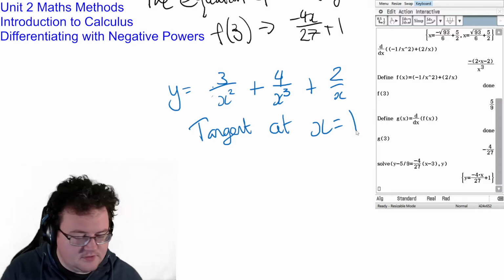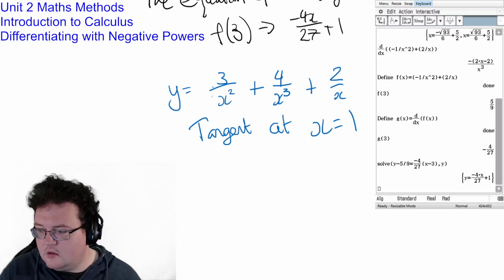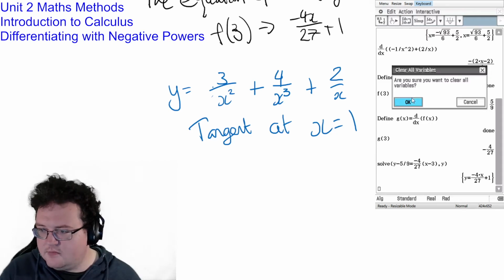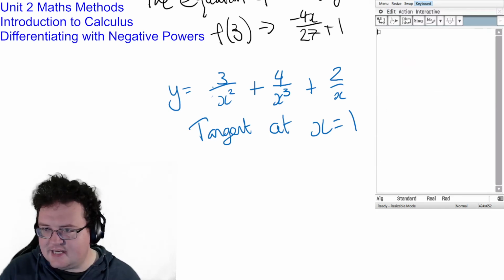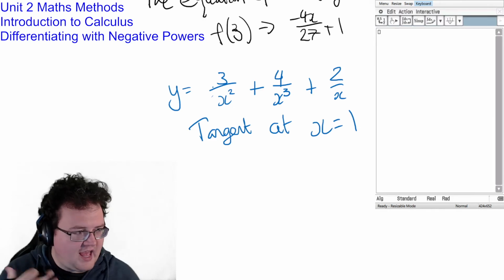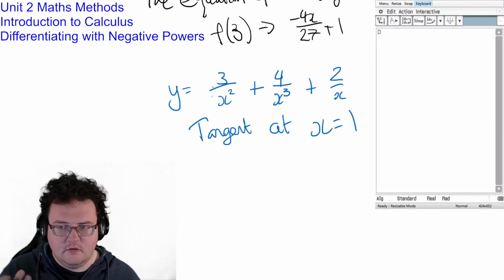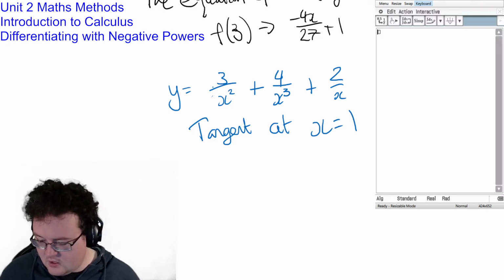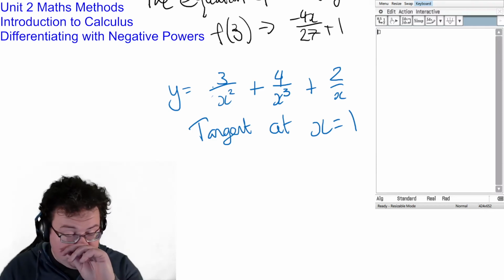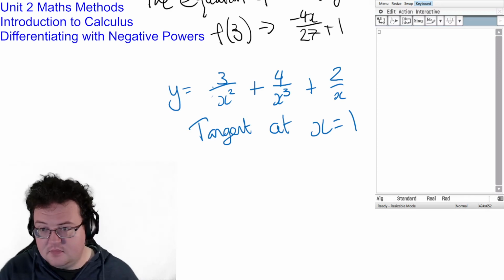So on the CAS, let's clear all variables. Clear all. We don't want to accidentally have any of the old stuff in our calculator memory causing us to make a mistake. So first things first, we need to define our function.